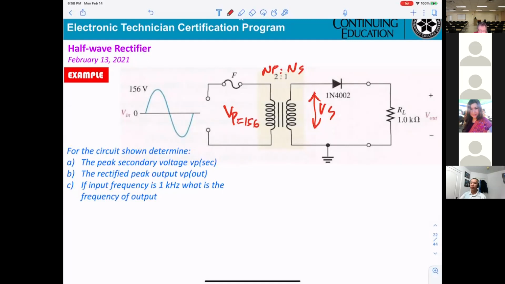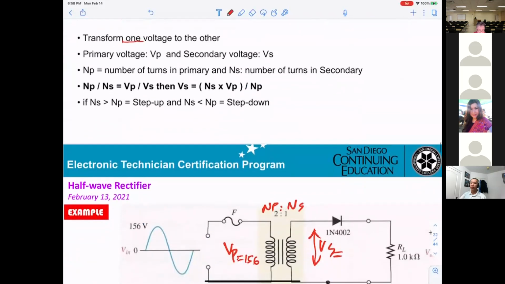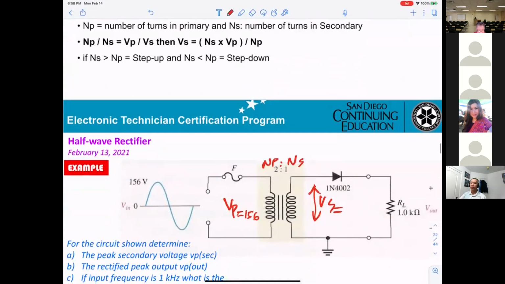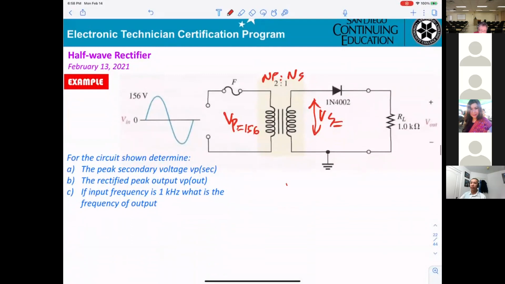You apply the formula. You get the V primary 156. What's the V secondary? See the formula. V secondary equal NS over NP times V primary. 78.